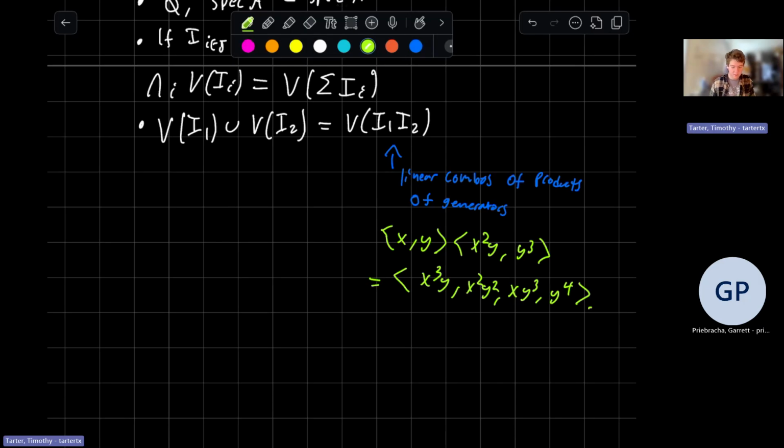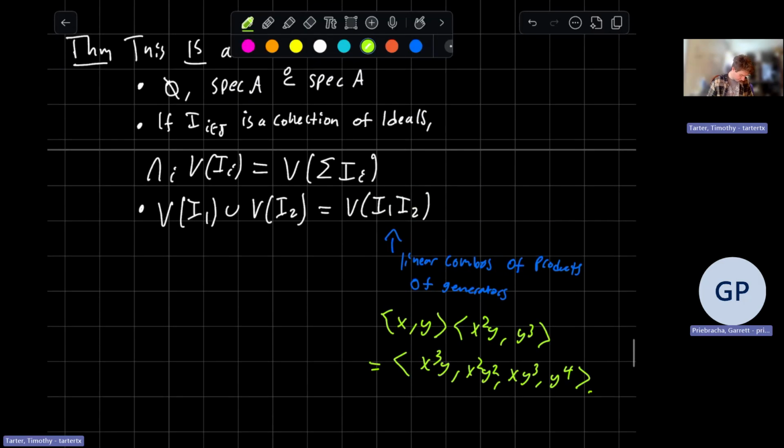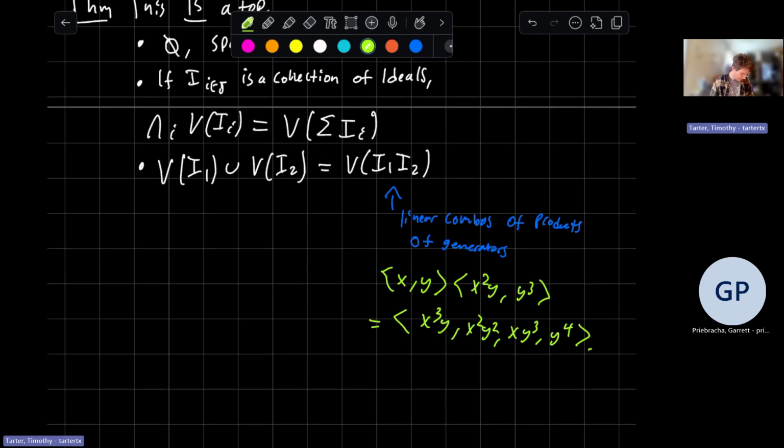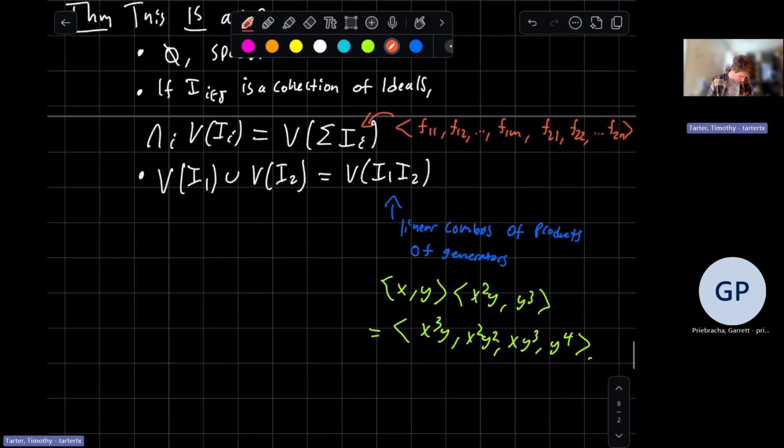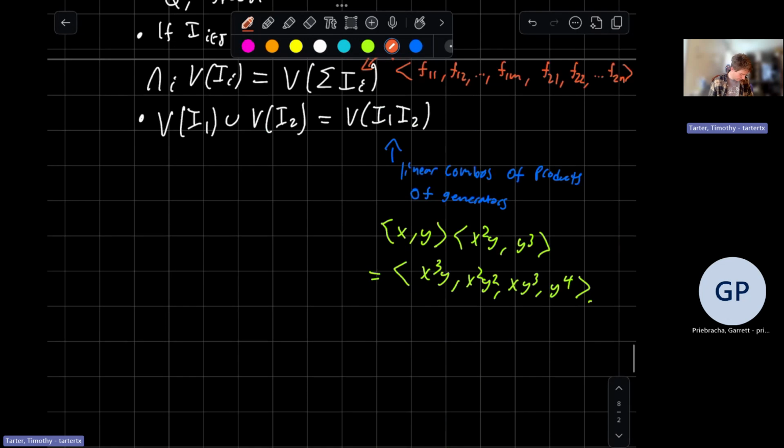Does that make sense? Yeah. And then the sum of ideals like this is just the generators of I1, f11, f12, through f1m, and then f21, f22, through f2n. And yes, this is a topology.